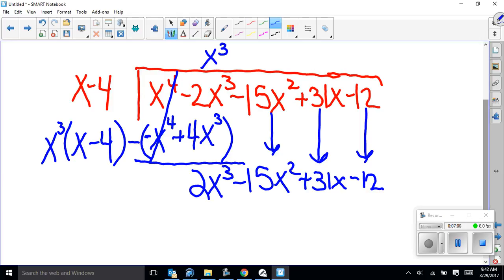Alright, so now looking at our first term x, x times what number is going to give us 2x cubed? So 2x squared times x minus 4.